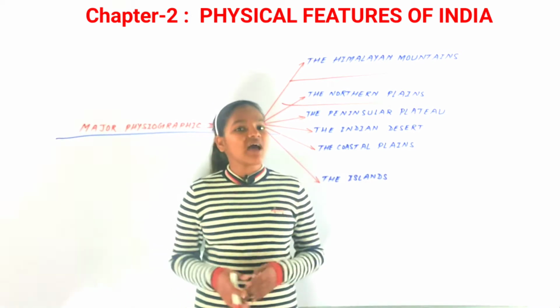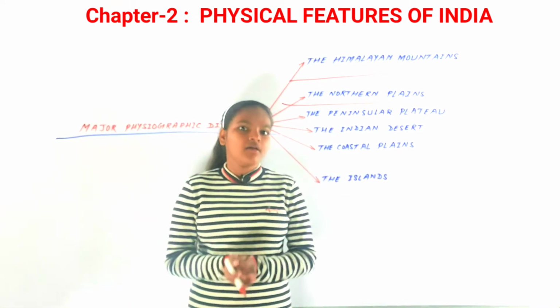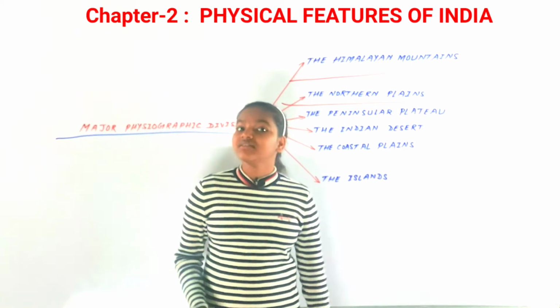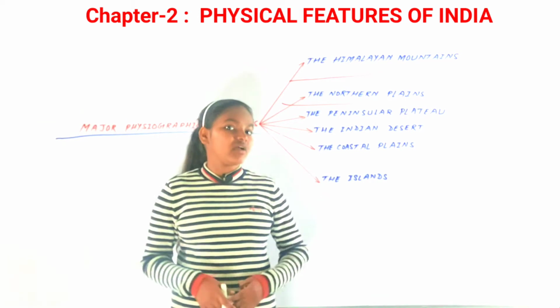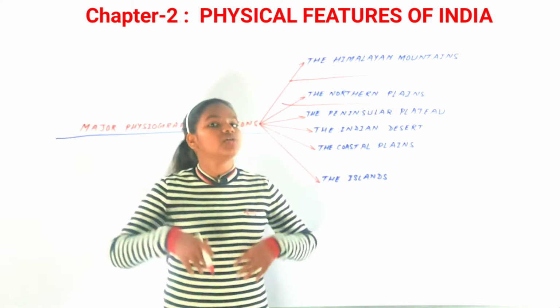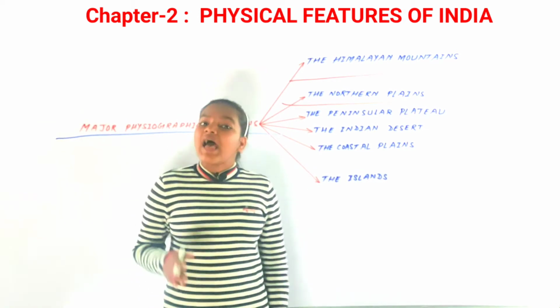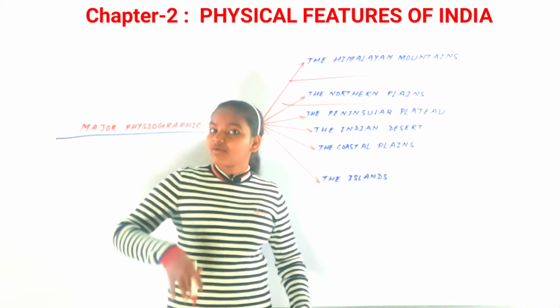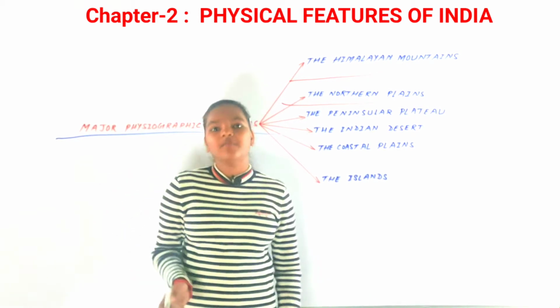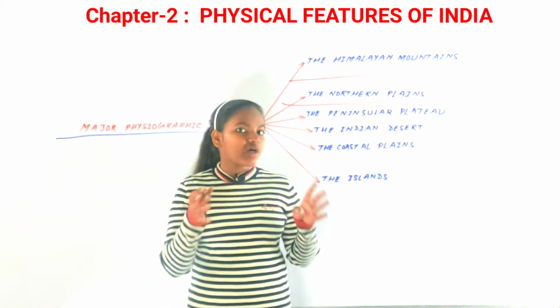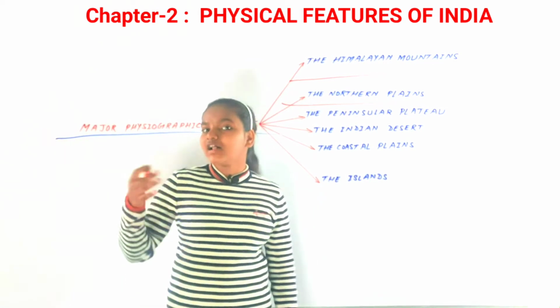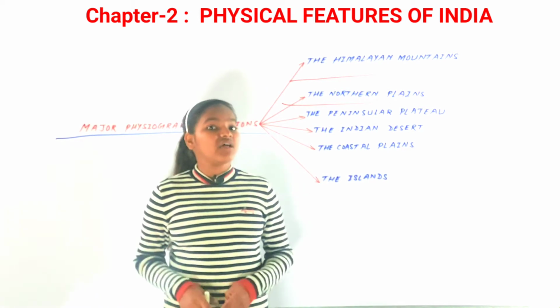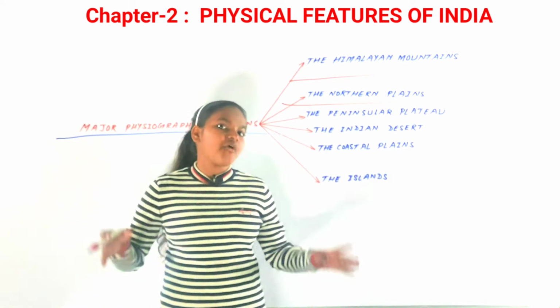The northern plains are very fertile as well, because they have been formed by the deposition of alluvial soil, after there was a great depression because of plate tectonics, and thus they became very fertile. With a view of agriculture, it is a very productive part of our country.